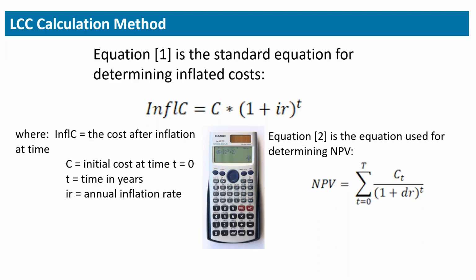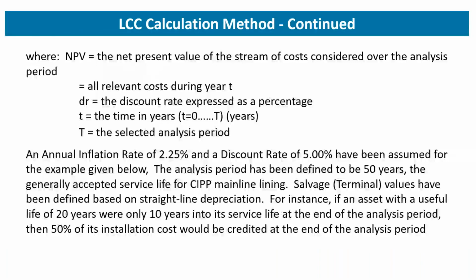And then secondly, you have to use a second equation to determine net present value. And that would simply be the matter of discounting, using an appropriate discount rate, capturing an appropriate inflation rate, so that you identify the amount of money you'd have needed up front to fund all that has to happen, including installation, during the period of your analysis.